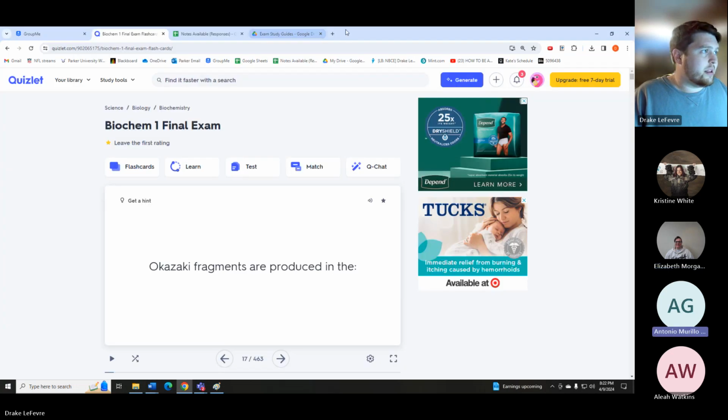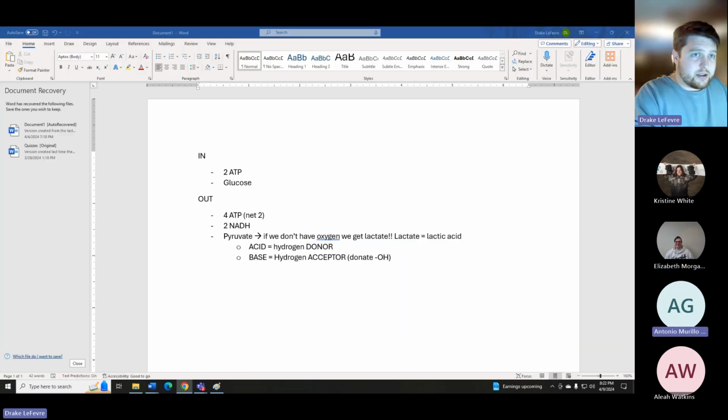Anaerobic conditions. It's an easy word to mix up with aerobic, just a very quick difference, so be careful when you're reading those questions.